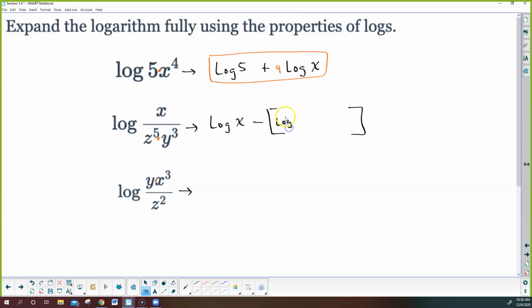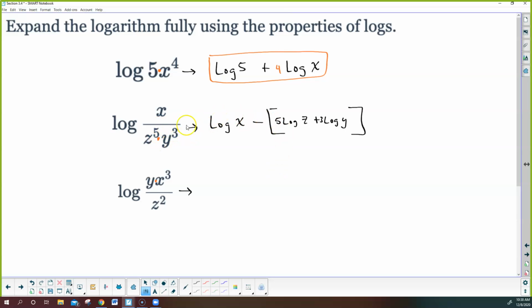So I've got the log of z. Now it's z to the fifth. There's going to be a 5 up in the exponent, so I'm just going to put the 5 out in front. And then it's going to be plus the log of y to the third, but instead of writing the 3 there, I'm going to put the 3 out in front.